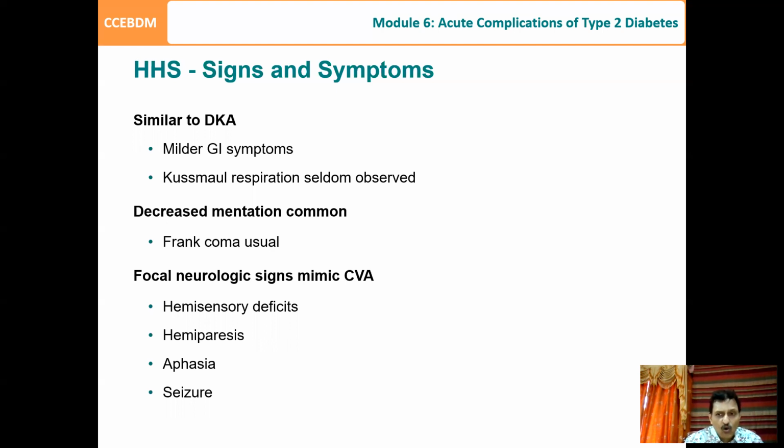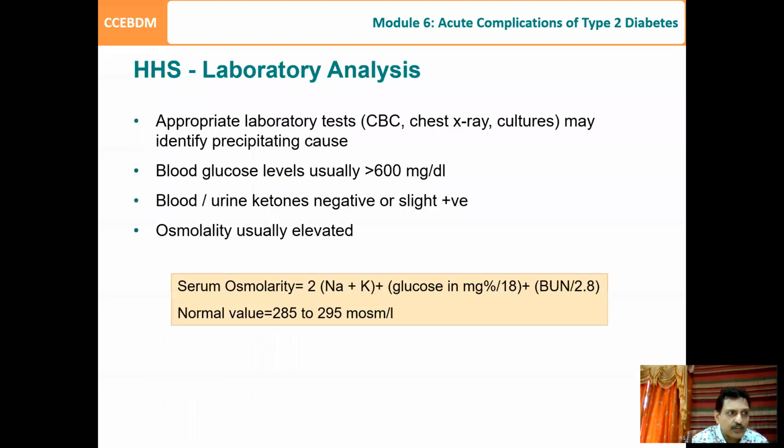And remember, all these neurological deficits are reversible once you treat the patient. These neurological deficits are not permanent. If the patient does not have a cerebrovascular accident, these neurological signs of hyperosmolar coma are basically reversible.